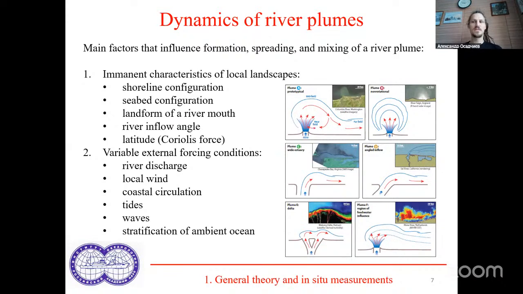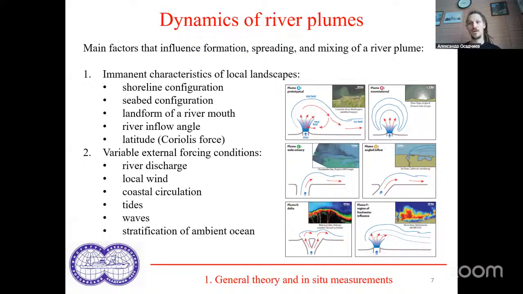That scheme was useful for an ideal river plume which experiences no external forcing. But river plumes are very different, and they are very sensitive to wind forcing, coastal circulation, variation in river discharge rate, tides, and waves.